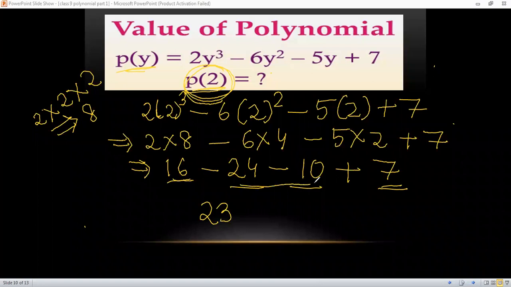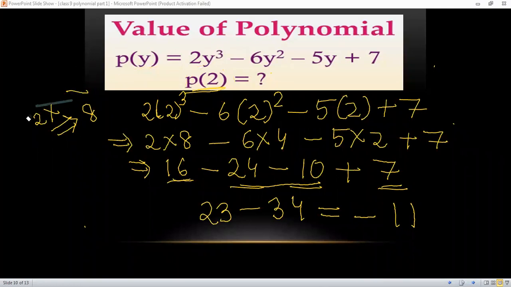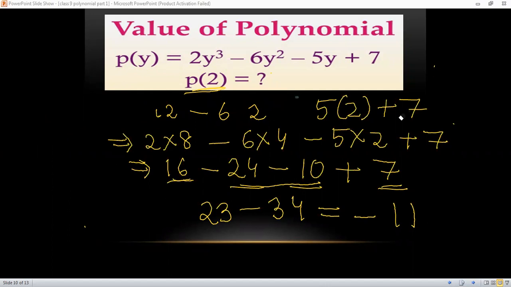And when I add minus 24 minus 10, I will get minus 34. So minus 11 is the value of the polynomial. So by putting the value of x and y, you can find the value of a polynomial.